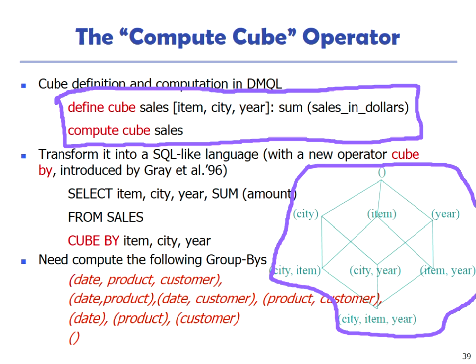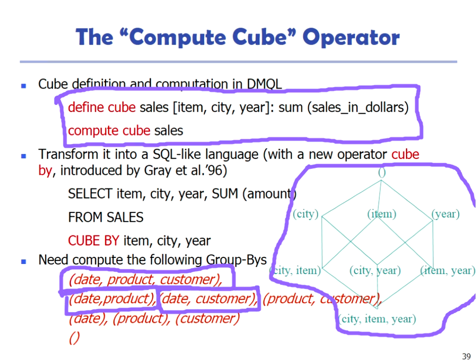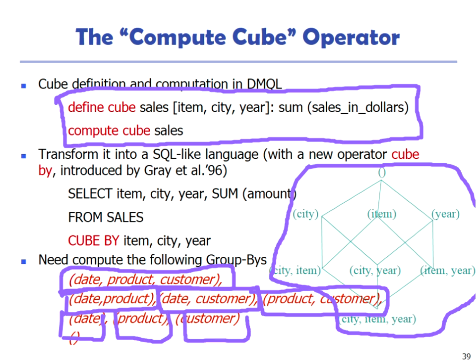That means we will obtain, for example, date, product, customer with the sum, this combination, etc. So here, for three dimensions, how many possibilities do we have? 1, 2, 3, 4, 5, 6, 7, 8. 8 possibilities.